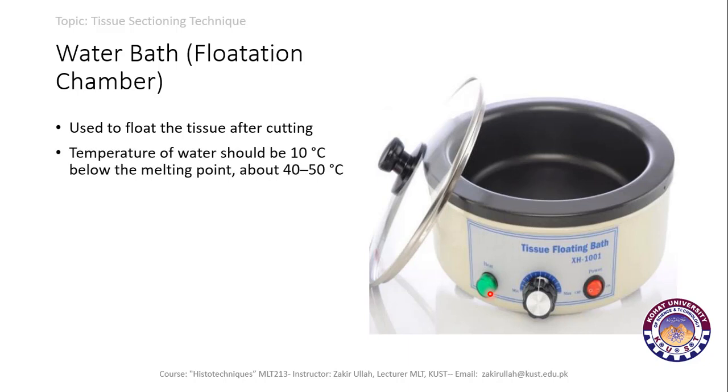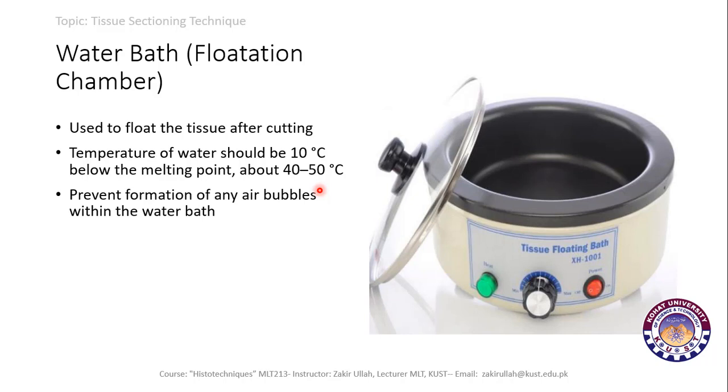The temperature of this water bath should be 10 degrees centigrade below the melting point, that is from 40 to 50 degrees centigrade, so that the paraffin wax does not melt. Therefore, the temperature is kept lower than the melting point of the embedding medium.